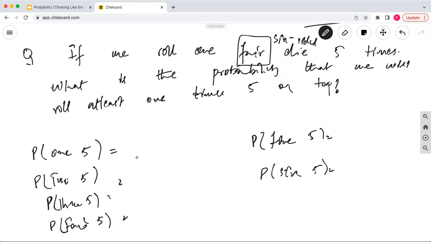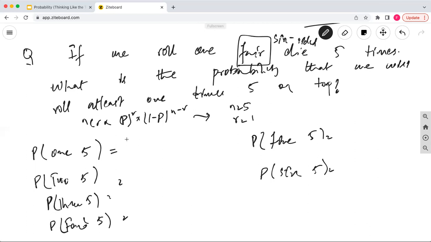If I quickly use the binomial formula, and consider the success is when I'm getting 5 on the top, the formula is nCr into p power r into (1 minus p) power n minus r. If I consider getting 5 on top as a success, that means n is equal to 5, and in the first scenario, r is equal to 1.